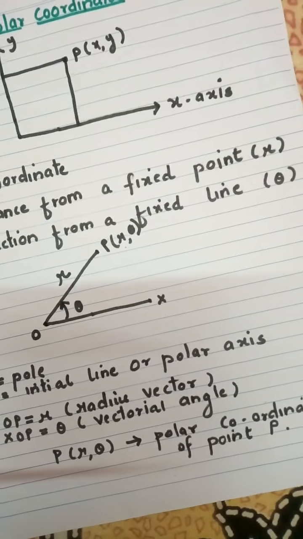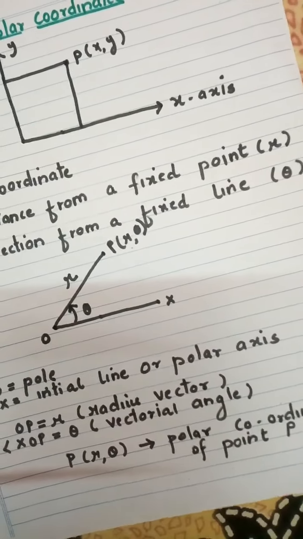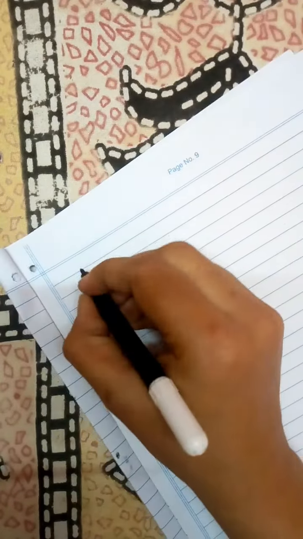Now under this we have 4 remarks, very important. The first note is when to take the radius vector r positive and when to take it negative.